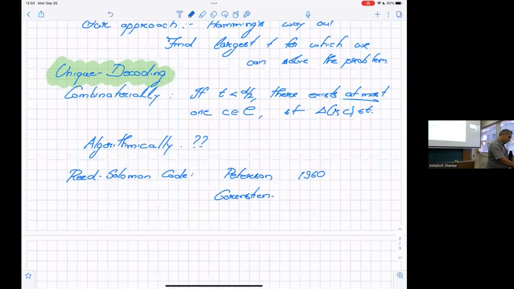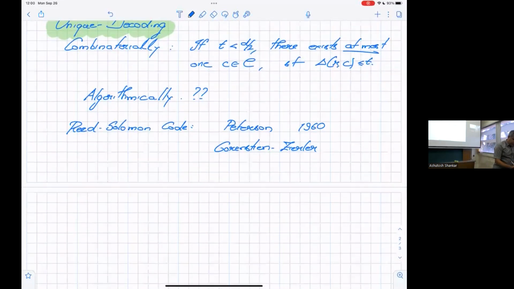Shortly after, once it was realized that BCH is actually a subcode of Reed-Solomon, Gorenstein and Zierler observed that Peterson's algorithm actually works even for Reed-Solomon. So it's called the Peterson-Gorenstein-Zierler algorithm.